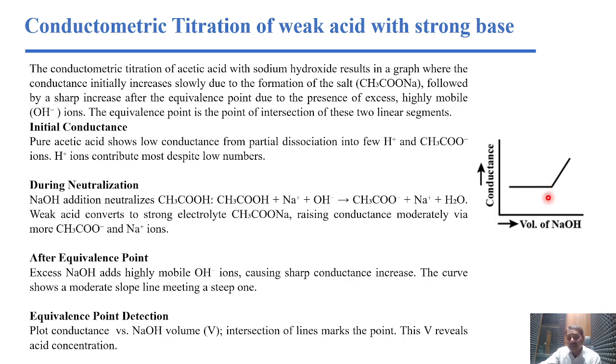But after neutralization of the acetic acid by NaOH, the rise in conductance observed is very high. The value rises because of the addition of OH- ions from the burette. These OH- ions are highly mobile, and in this way we get two different lines, and the intersection of these two lines gives the equivalence point of the titration.